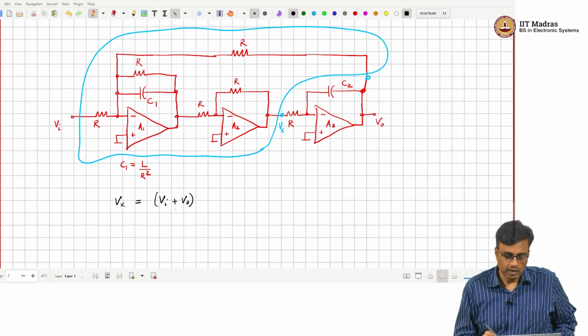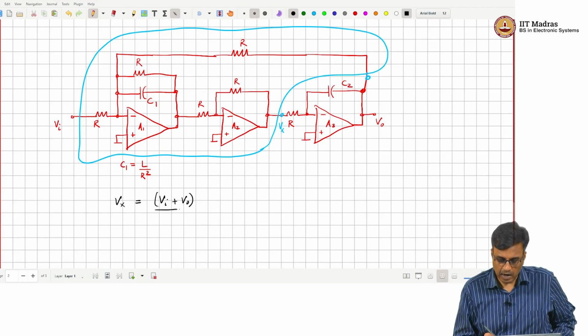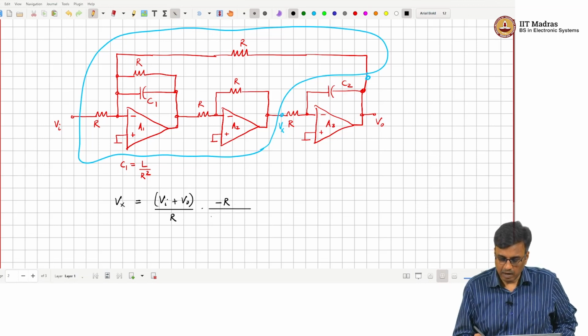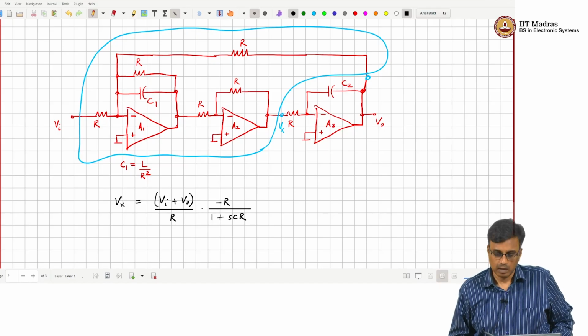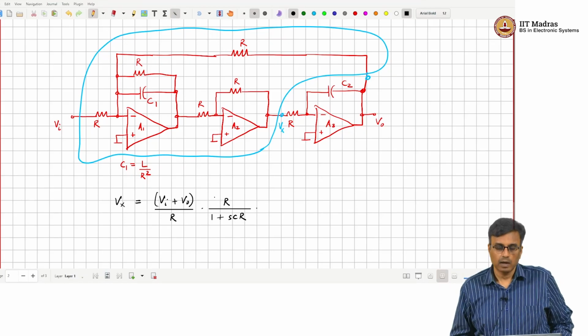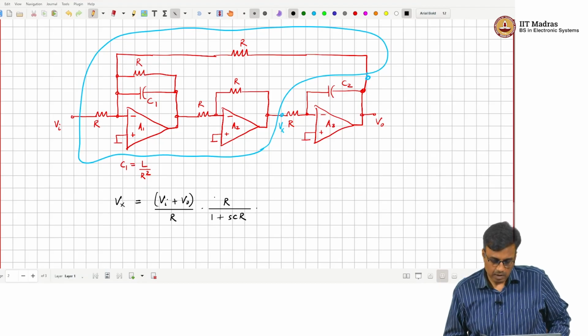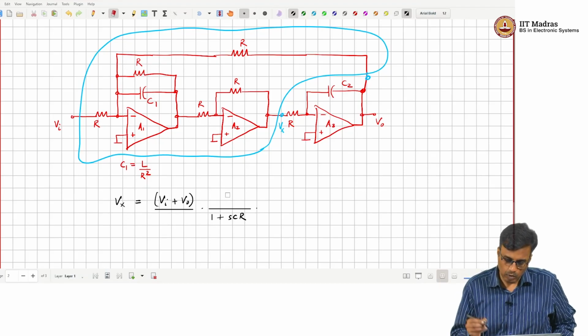upon the current that flows into that R parallel C1 combination is Vi plus V naught divided by R, multiplied by minus R by 1 plus SCR, multiplied by minus 1. So, that goes away, and this R goes away.